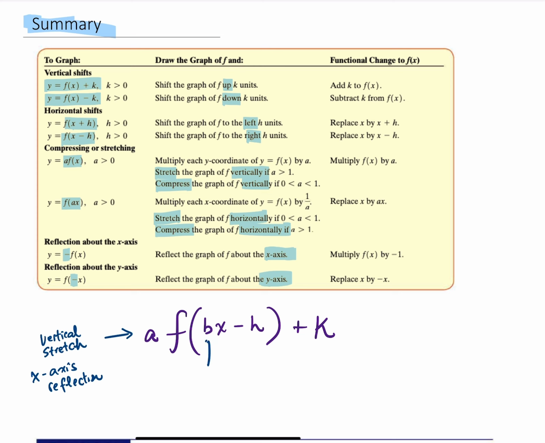This b will give you a horizontal stretch or a y-axis reflection. Adding or subtracting inside gives you a horizontal shift.